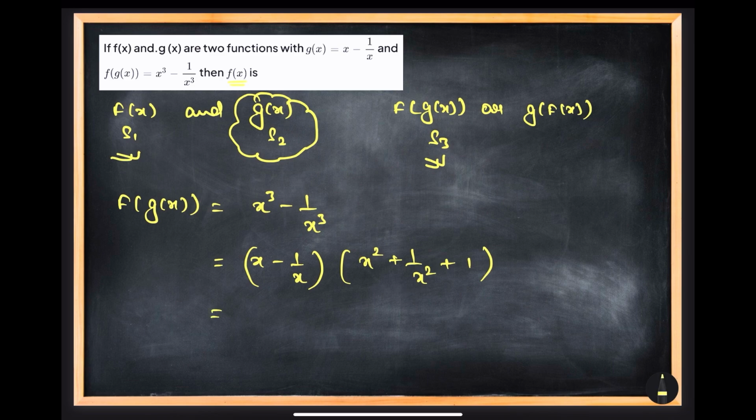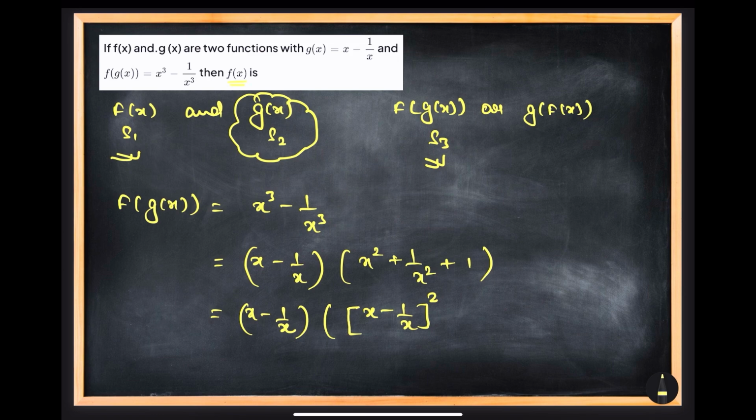So look at this. x minus 1 by x whole square. Sorry, not whole square. It is without this. Now look at this. Can I write this thing as x minus 1 by x whole square, and you will be having minus of 2.